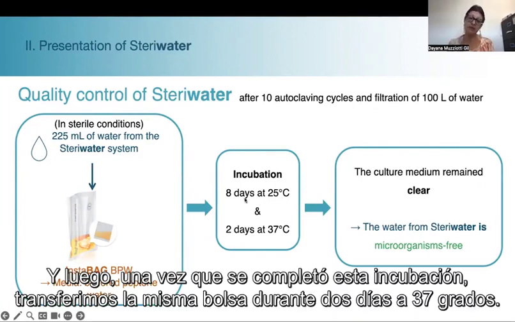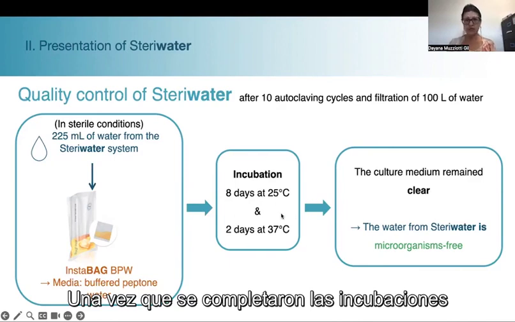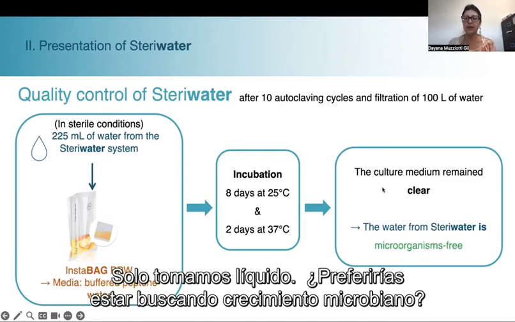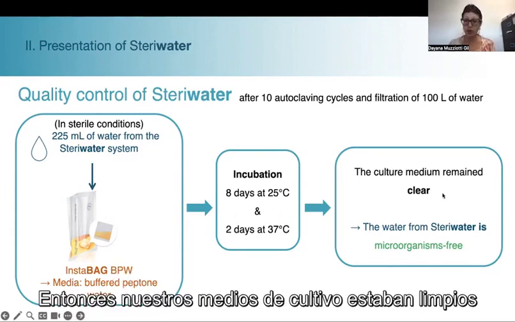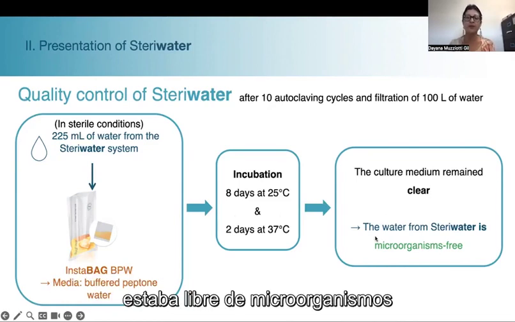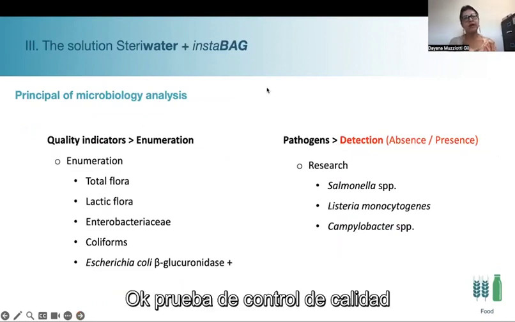And then once this incubation was complete, we transferred the same bag for 2 days at 37 degrees. Once both incubations were completed, then we analyzed what we had inside the bag. For that, we just take an aliquot. We were looking for microbial growth. So our culture media was clean, and that means that the water coming from the sterile water, which is sterile grade purified water, was microorganisms free. Okay, QC test.